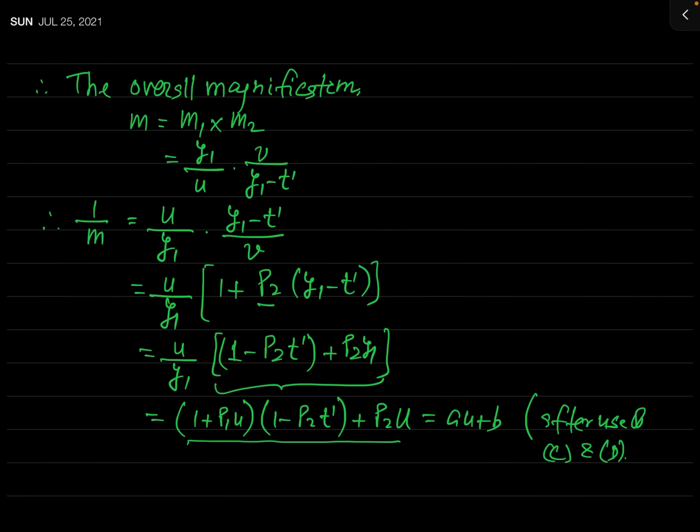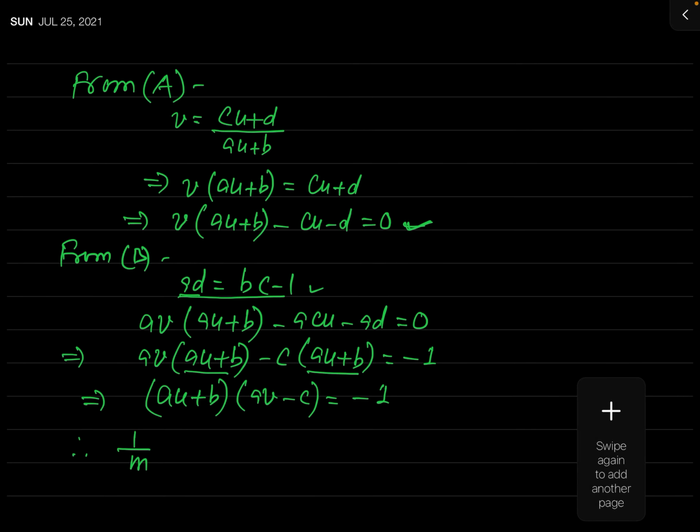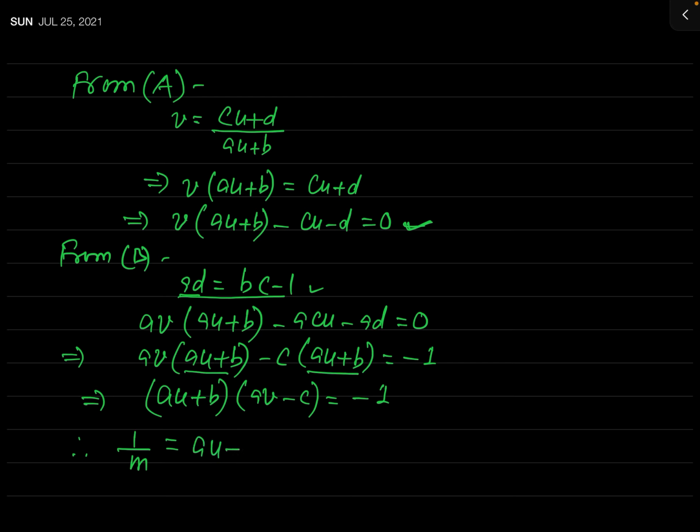This is your 1 over m, and 1 over m is equal to Au plus B. From here you can obtain the value of this Au plus B. You can see this will be equal to minus 1 over AB minus C, and equivalently you may write it as 1 over C minus AB.